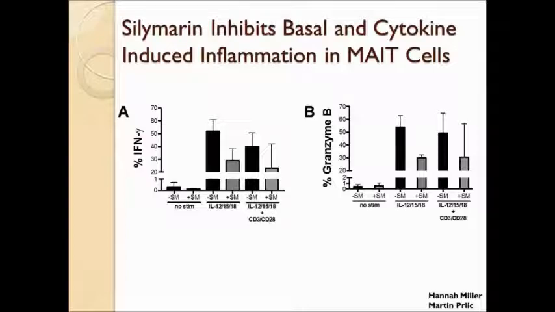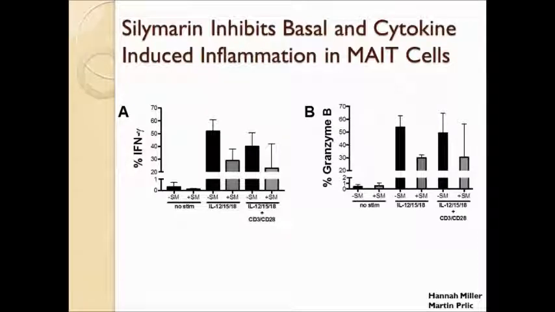And in this experiment, Hannah treated these MAIT cells to activate the expression of interferon gamma and granzyme B production, with a combination of a cytokine cocktail or a cytokine cocktail with T cell receptor stimulation.